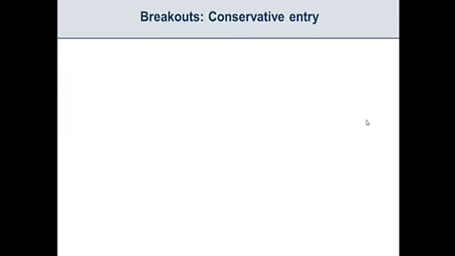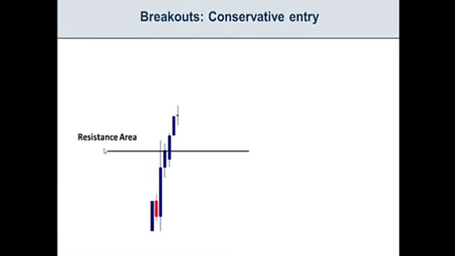Now, this is the conservative way to trade breakouts. As you can see here, we are in an up move and we have hit an area of resistance that was broken. Okay, now the aggressive way to trade this breakout would be to go long after the close of this candle, and it's fine to go long after the close of this candle.